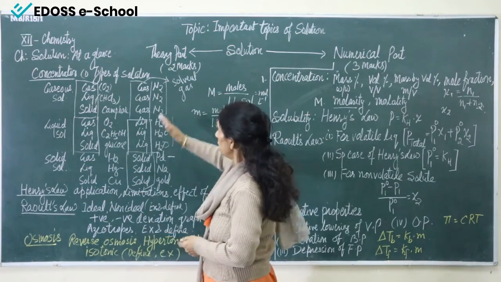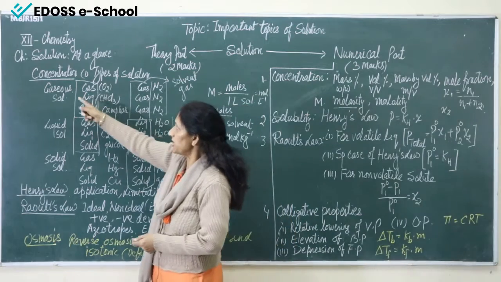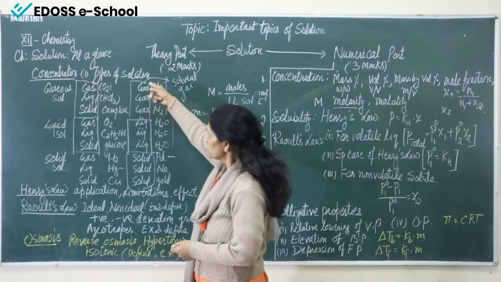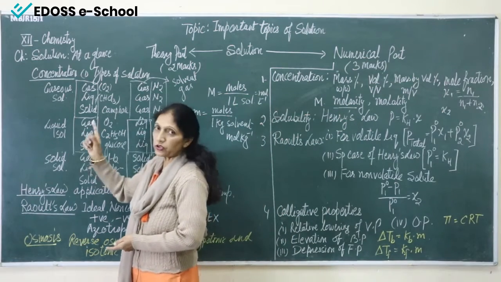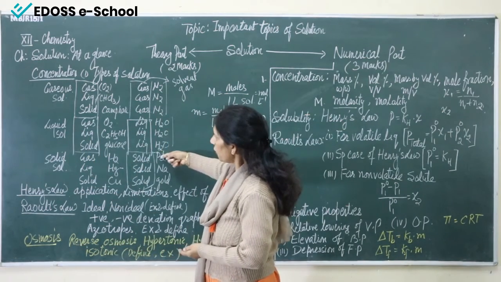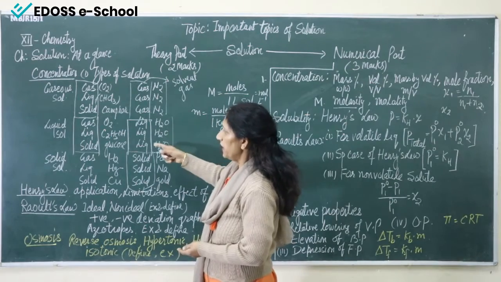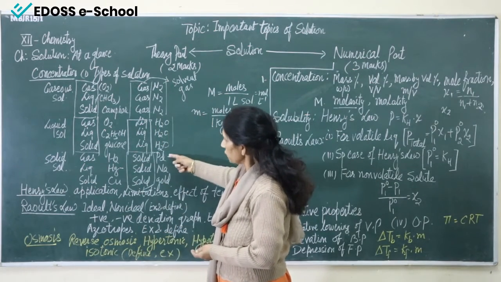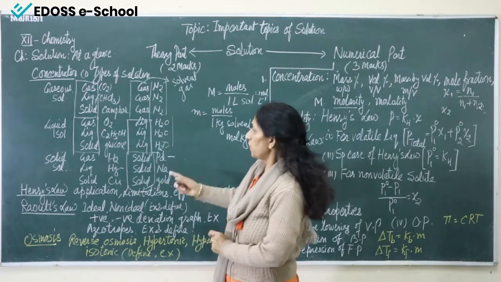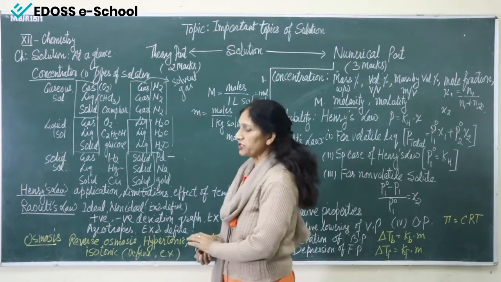And how to prepare? You have to see. If they are saying gaseous solution, that means the solvent must be gas. If they are saying liquid solution, then the solvent must be liquid. And if they are saying solid solution, then our solvent must be solid. Okay, so this is the second type.